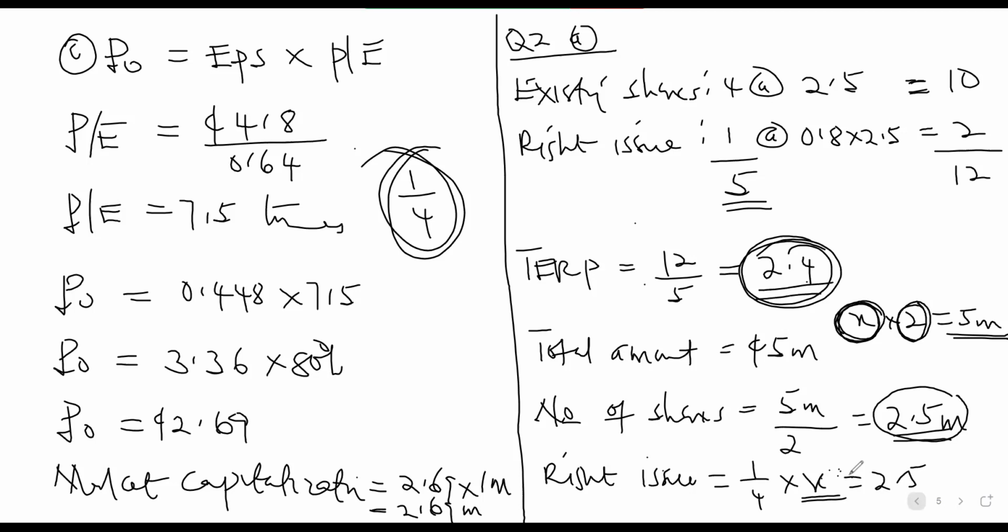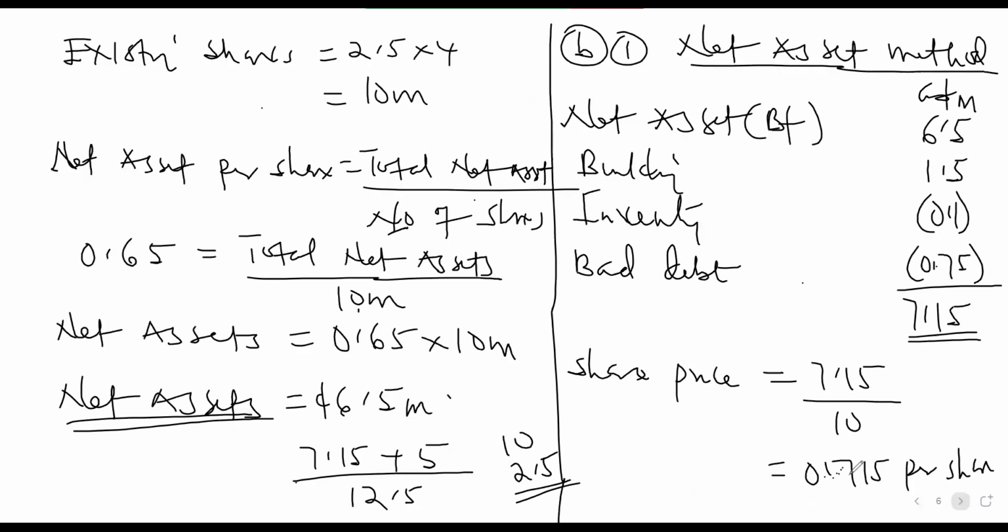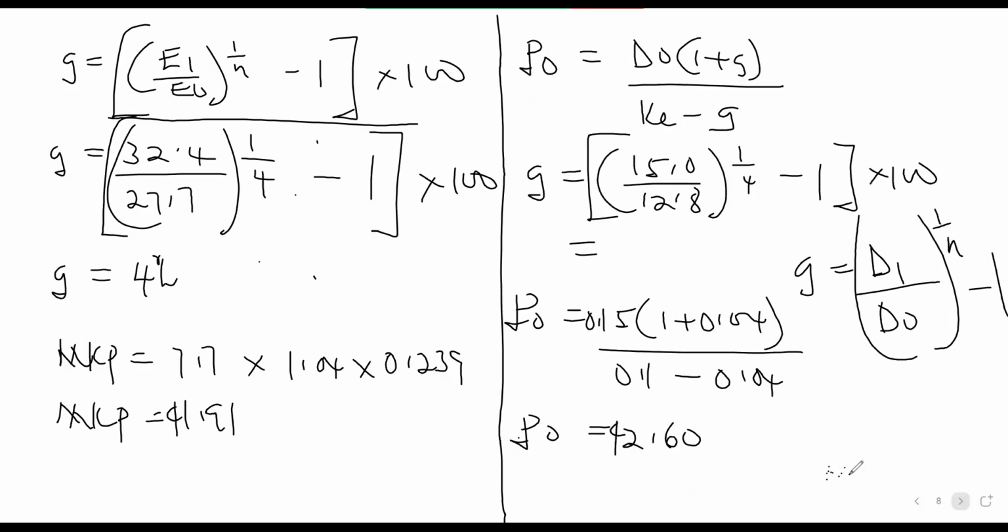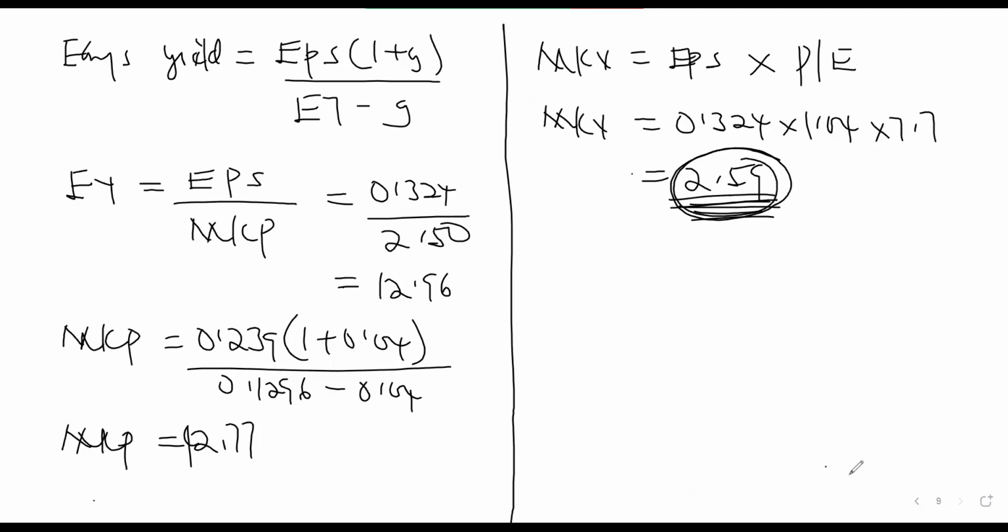So the actual market value of the shares after the rights issue now is 2.4. But if you do the proposed investment, the value that the price earning ratio will give you is 2.59. You can see that there is an increment in the price, about 0.159 or so.